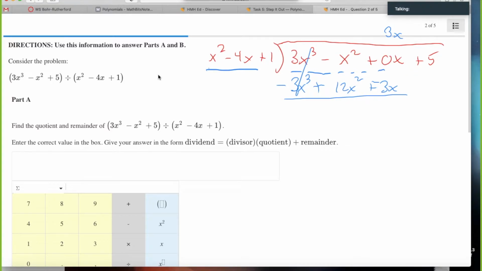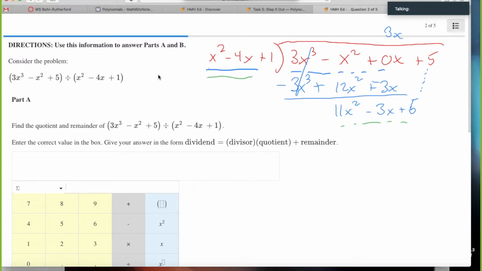Negative x squared plus 12 is 11x squared. Then 0x minus 3x. So there's our answer. So then we're going to bring our 5 down. And we're going to switch colors. So now how many times is this going to go into here?